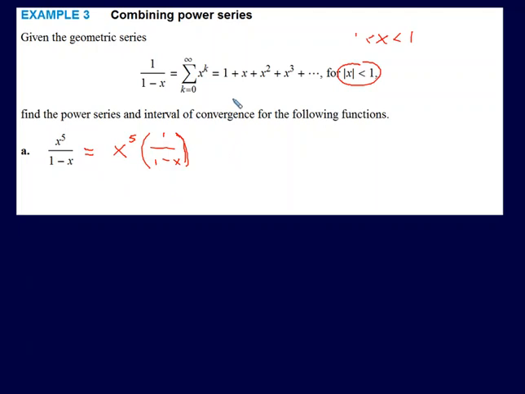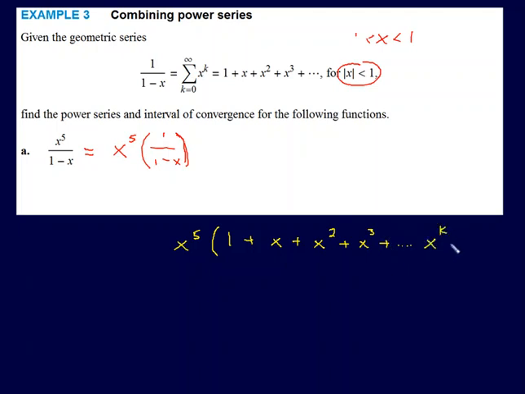I like to first just work with the polynomial itself. And so on one hand, we could take x to the 5th, and then I would write out the first few terms of my power series for 1 over 1 minus x. And I would do at least a few terms there. What I actually like to do is just kind of dot, dot, dot, and put the general term in there too.